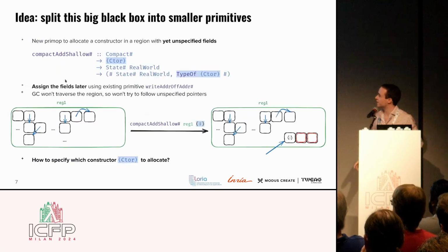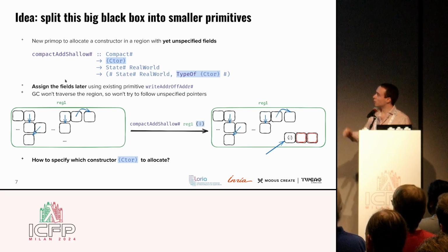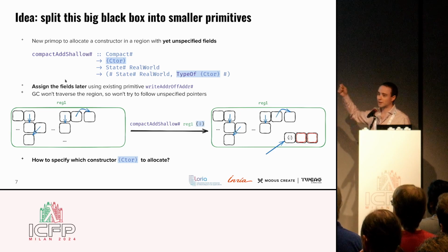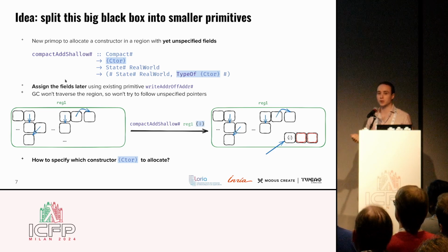So my crazy idea is I will design a new primitive that is more simple and flexible. And I will just give a way to allocate a constructor directly into the region without making a copy from something existing already in the GC heap. So this primitive that I called compact add shallow will create a new constructor in the region. This constructor will not be complete. It will have unspecified fields.